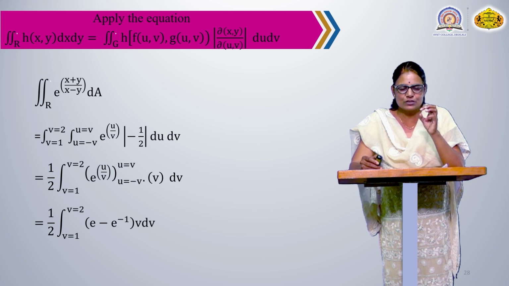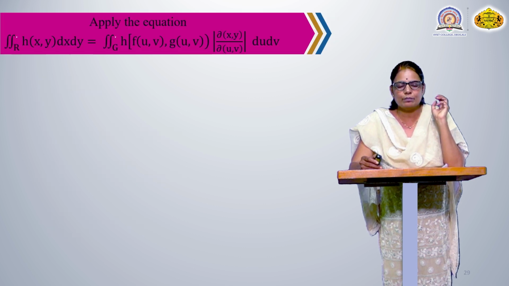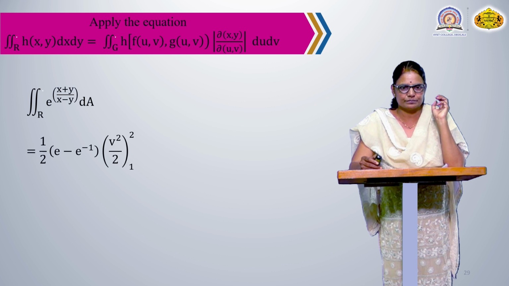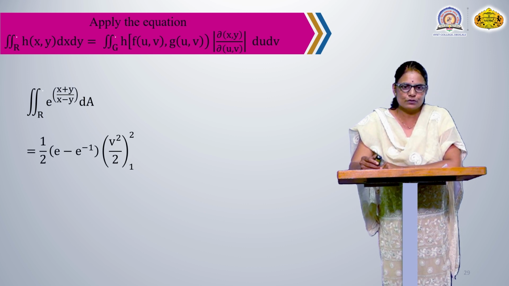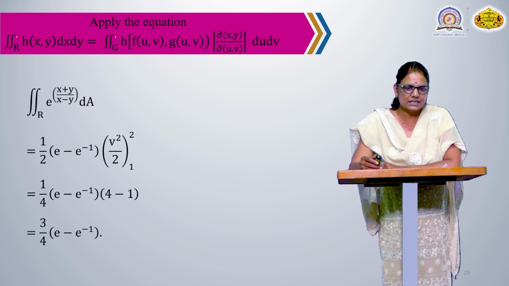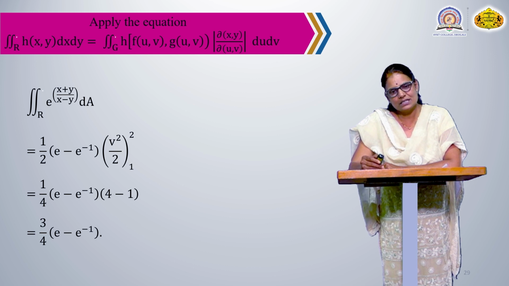The integrand is only v, so integrating with respect to v we get v square by 2. Applying the upper limit 2 and lower limit 1 and simplifying, our answer is 3 by 4 into e minus e raised to minus 1. These steps are very simple, since we have already done the study of this, it is not so hard to calculate.